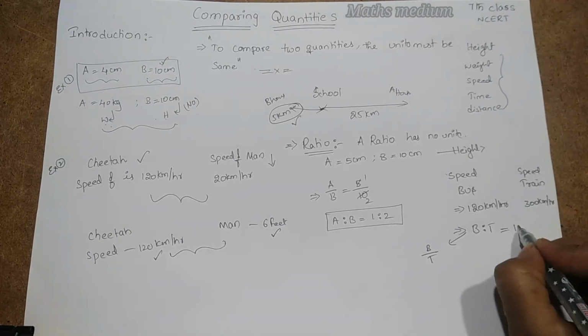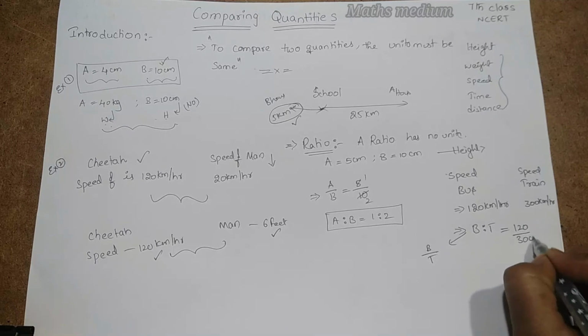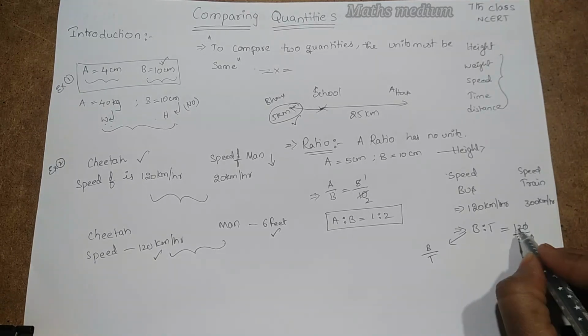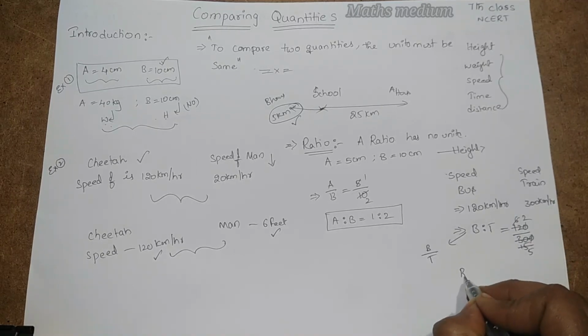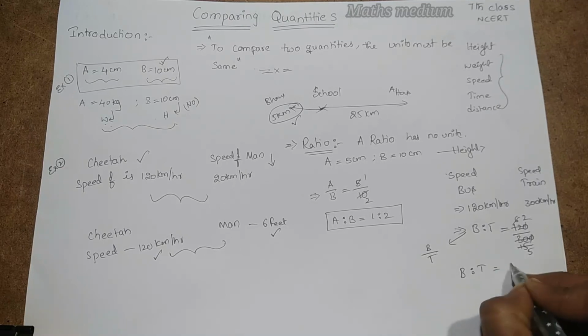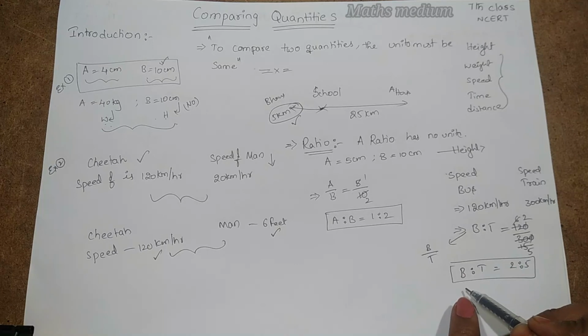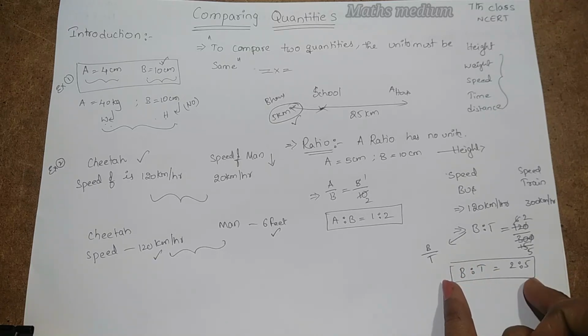So it is equal to 120 by 300. See, the 0s get cancelled. 2 6s are 12, 2 15s are 30, 3 2s are 6, 3 5s are 15. So bus is to train is a 2 is to 5 ratio. It means the bus can travel, for example, 2 times, but the train can travel 5 times. So that is the way to represent ratios.